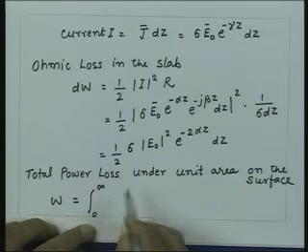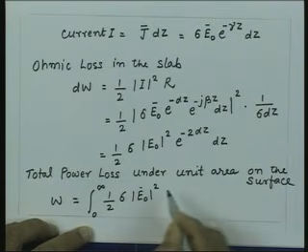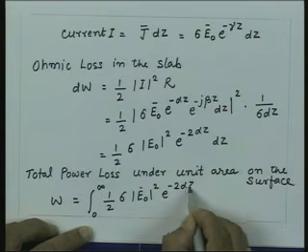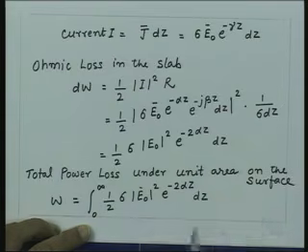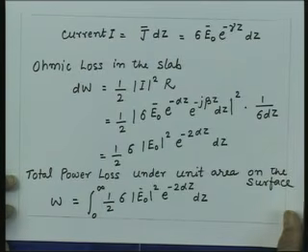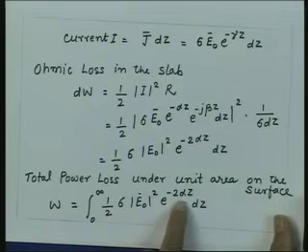So, this is from 0 to infinity half sigma mod E 0 square e to the power minus 2 alpha z into dz. This integral again is very simple. The alpha is a positive quantity.